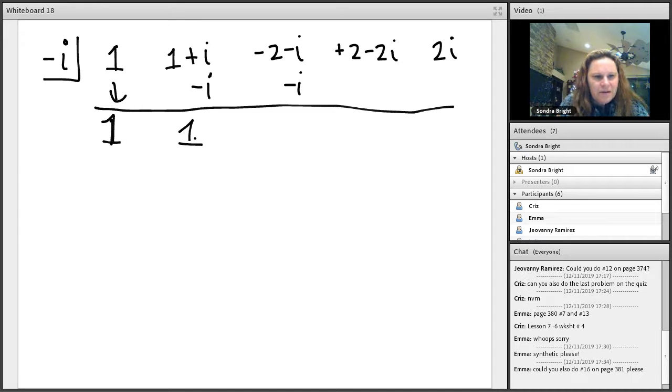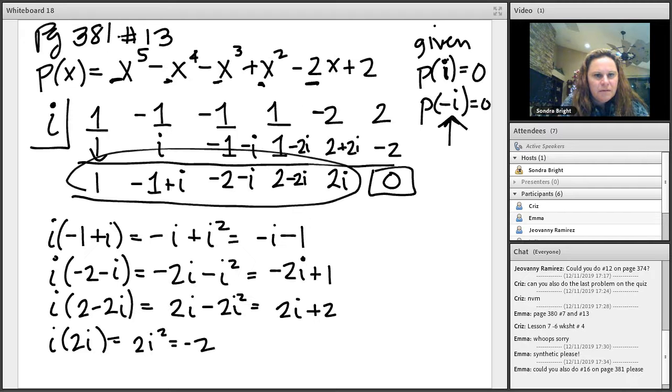I'm not finding my error. Oops. I'm not finding my error right away. But something's wrong. Negative 2i minus i squared. Yeah. 2 minus 2i times i is a 2i plus 2 plus 2i. Let's cancel 2i.